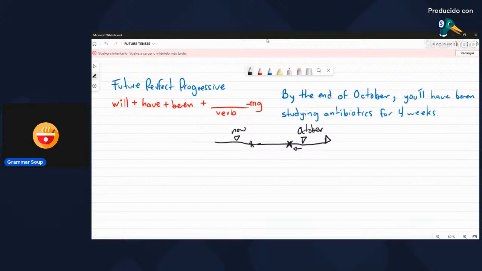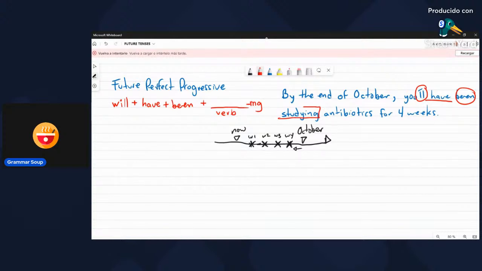Let's suppose this is week 1, week 2, week 3, and week 4. By that time, I will have been studying, and it will probably continue in the future. So I'm using these 3 elements: will, have, been, and then the ing form. That's the way I can use it.